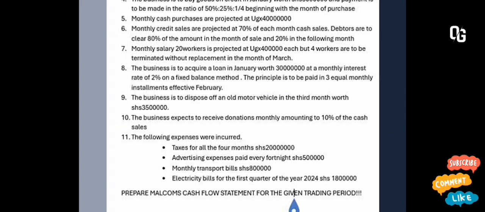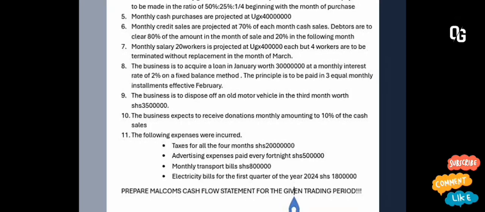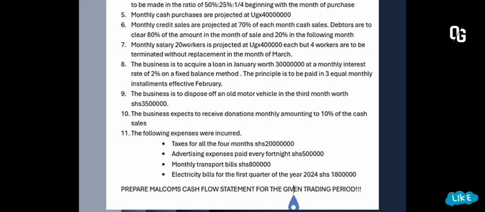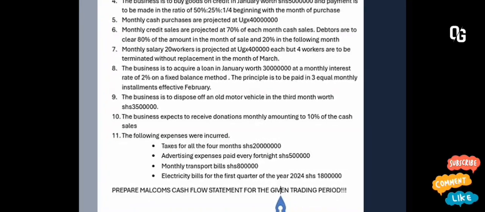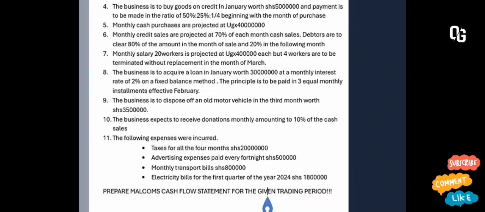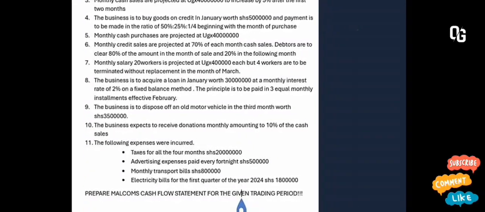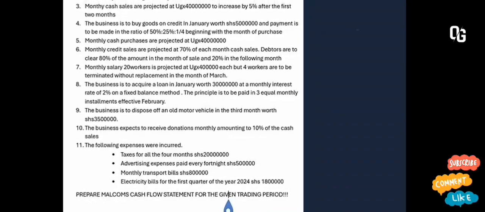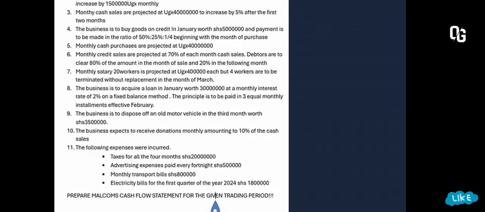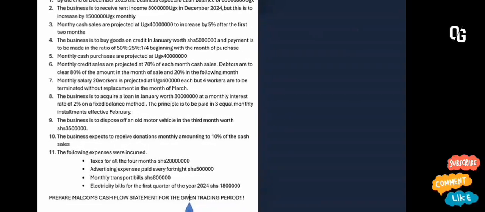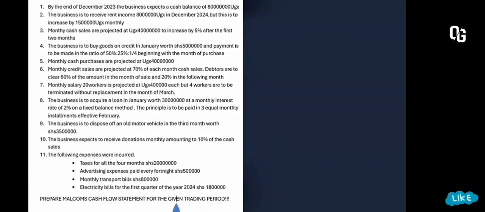And we made the payments within the accounting period beginning with the month of purchase. So our month of purchase was January, which made us divide the amount in January, February, March, and April.